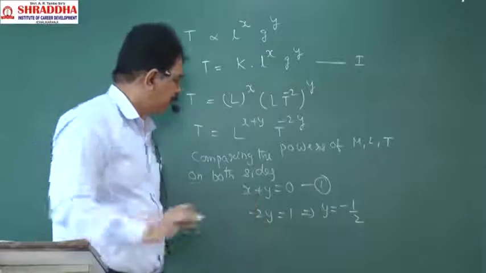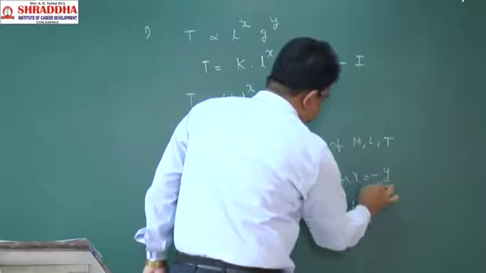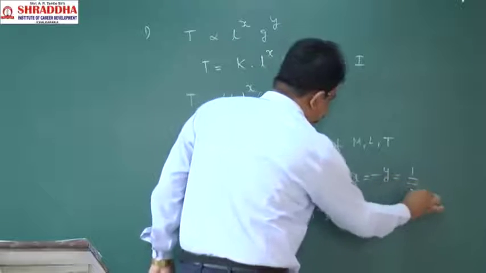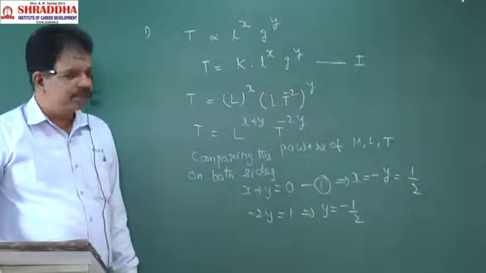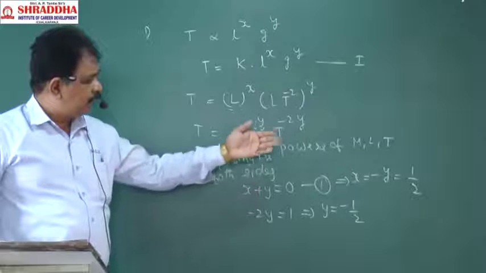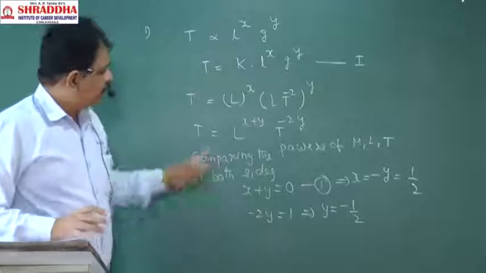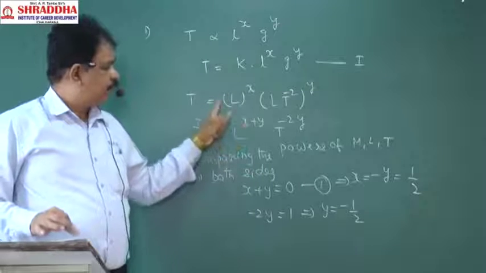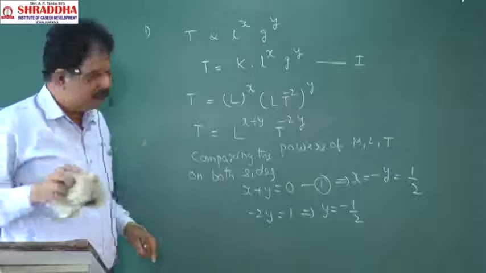You substitute here. So then x is equal to minus y, so it becomes minus of minus 1 by 2, that means 1 by 2. We got the x value and y value, substitute here. Then if you substitute, what will we get here?